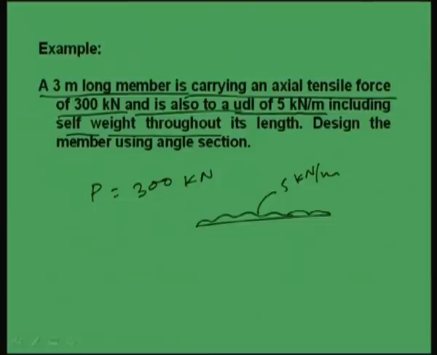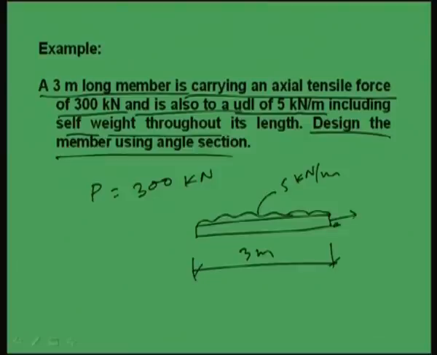Design the member using angle section. So this length is 3 meter, the UDL load is given, and this axial force is also given, P is equal to 300 kilonewton.